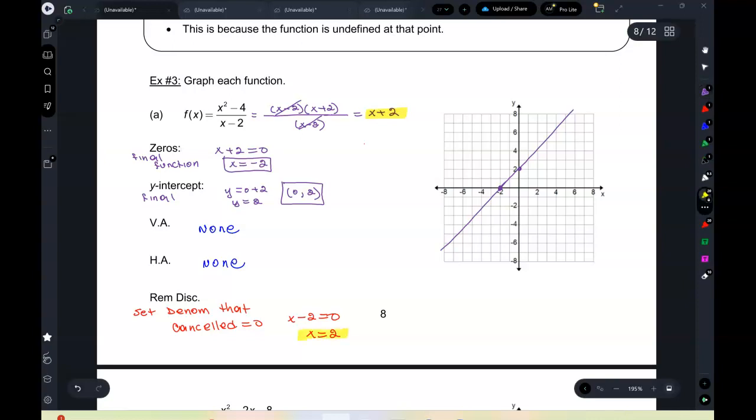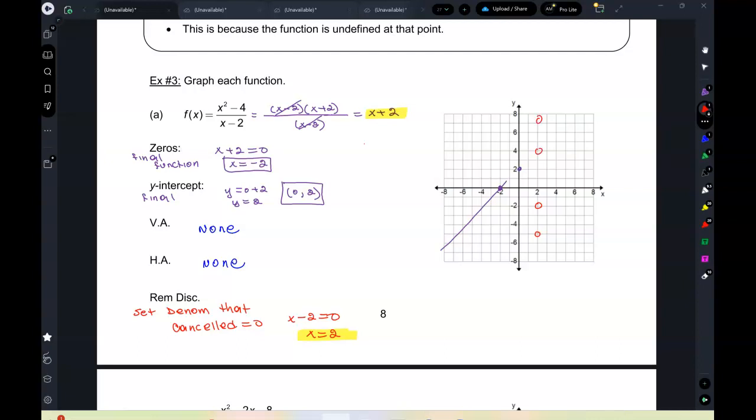Where is the point on the graph at x equals 2? Right there, 2 comma 4. You see how the y value is at 4? So somewhere at x equals 2, there is a puncture in the graph. But how do we know where that puncture is? Is it here? Is it here? We don't know. How would we ever know?